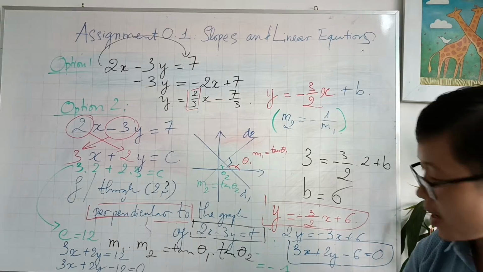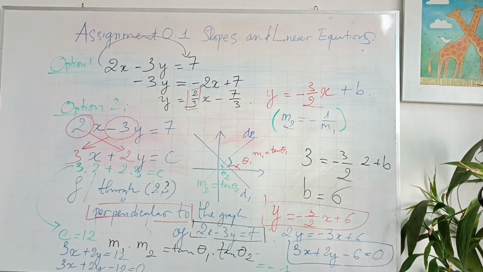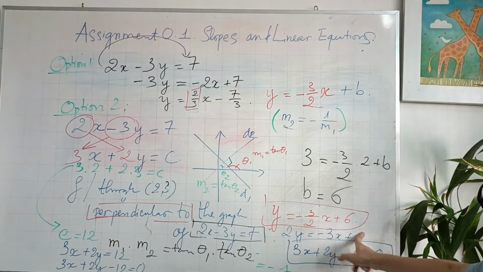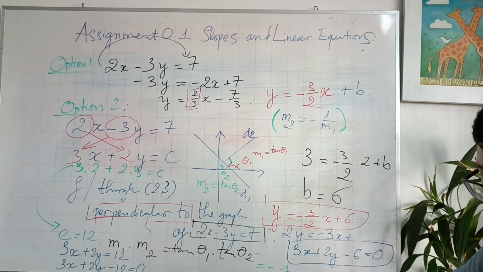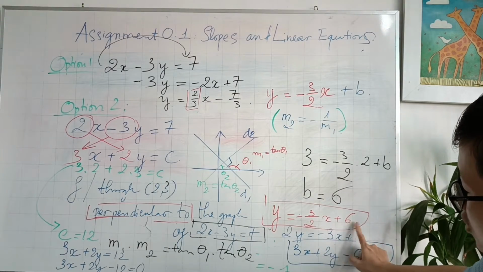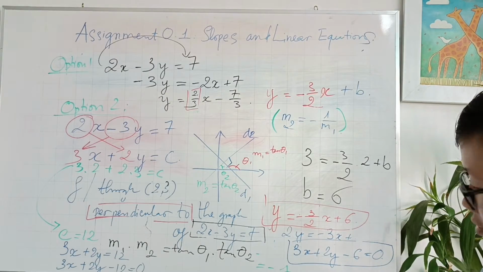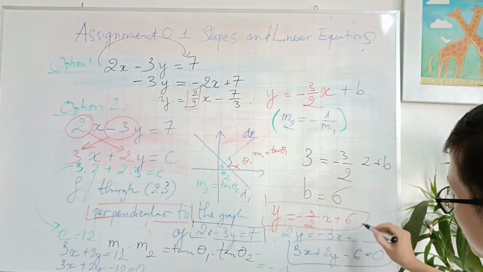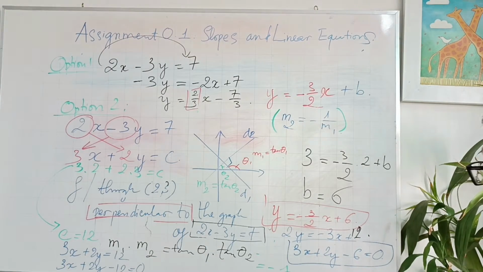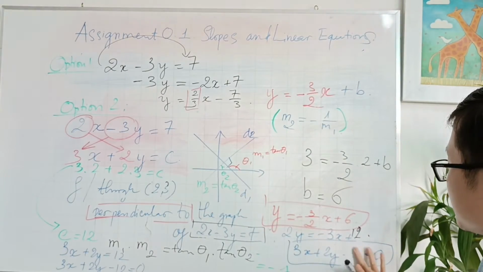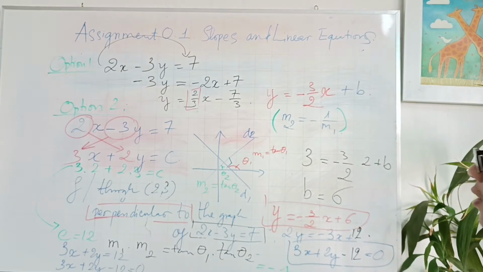Oh, okay, I see my mistake here. I forgot to multiply 2 here, so 6 times 2 equals 12. I'm so sorry for my mistake. And the last answer is also the same.